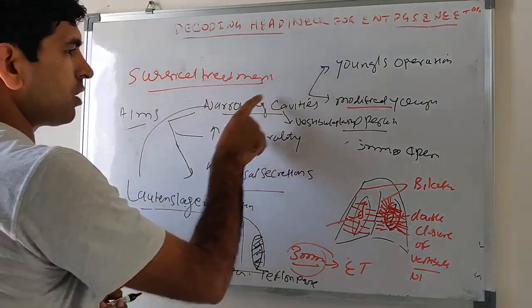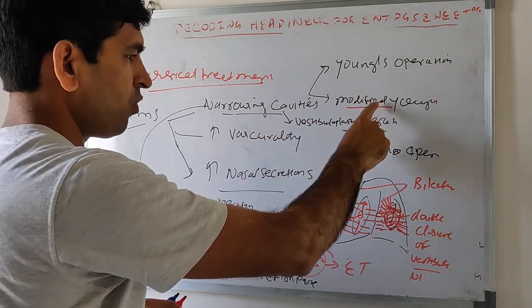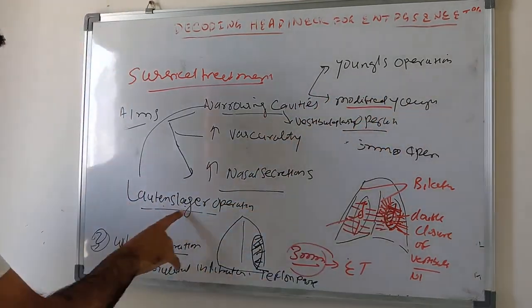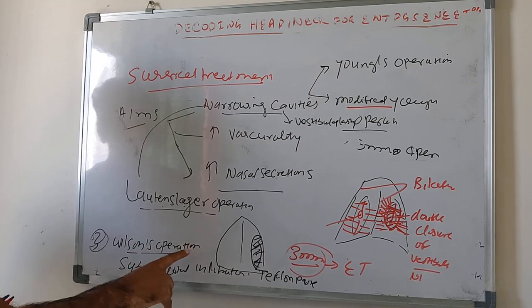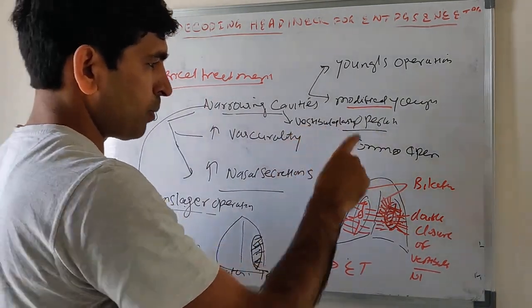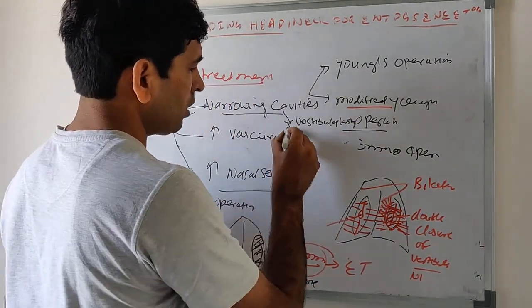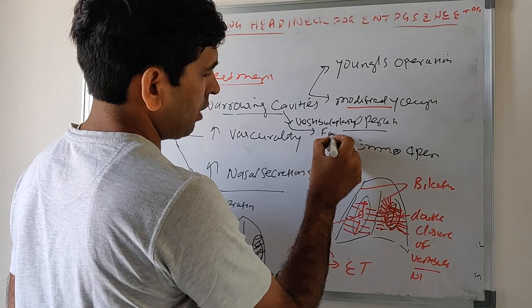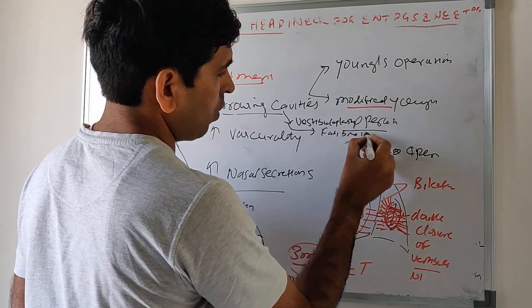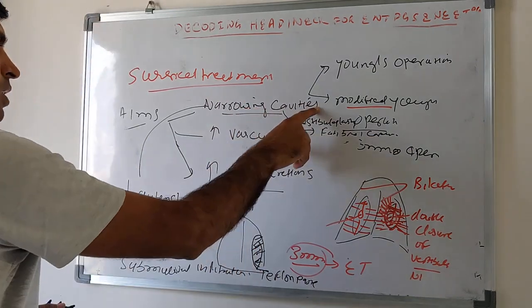So these are the narrowing cavity operations: Young operation, modified Young operation, Lautenslager operation, Wilson's operation with submucosal infiltration of Teflon paste, and vestibuloplasty. You may also infiltrate submucosally with fat, bone, or cartilage.